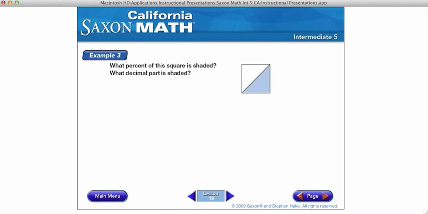What percentage of this square is shaded? So we have the square. We can see that it's been cut in half, and I know, here's my fraction, that 1/2 equals 50%. I also know that if I think about this as money, 50% is 50 cents. Well, since I am not having a square that costs $1, I know that this isn't really money, but I can turn this into my decimal.